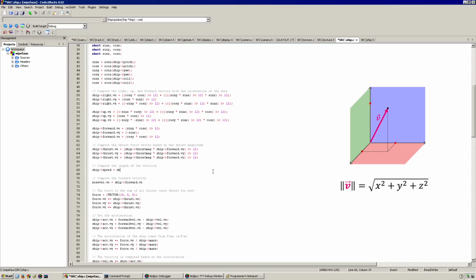So it's going to be ship velocity Vx squared, plus Vy squared, plus Vz squared. If I take the square root of all of these things, I'm going to get the magnitude of the velocity at this moment in time.